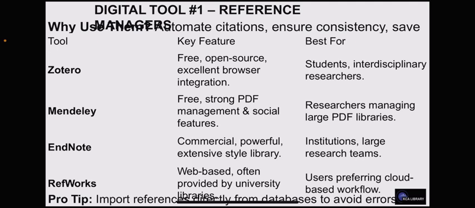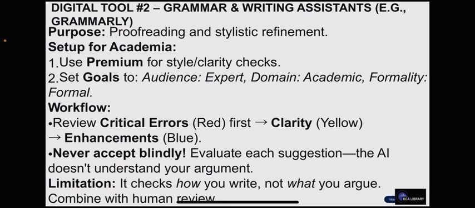EndNote is commercial, it is powerful, with an extensive style library, and it is best for institutions and large research teams. RefWorks is there also, and one of the key features is that it is web-based, often provided by the university, and it is best for users preferring a cloud-based workflow.